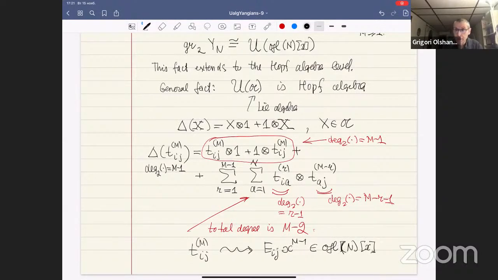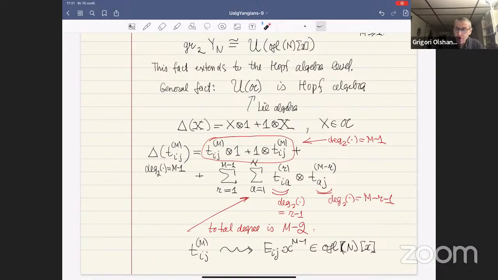So this becomes an element of a Lie algebra, not of a universal enveloping algebra more generally, but simply an element of a Lie algebra. So this picture is quite similar to this one.